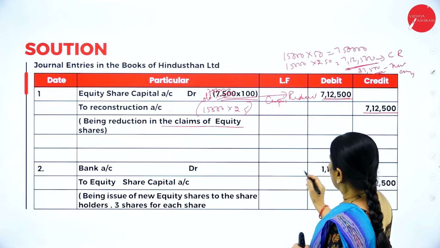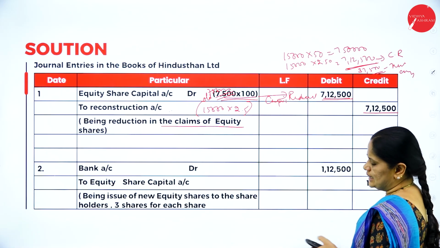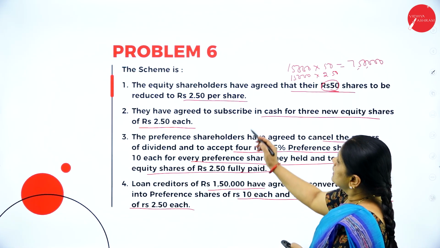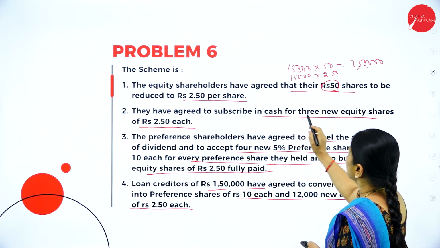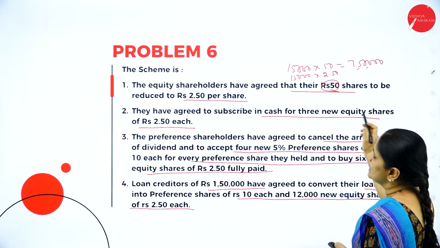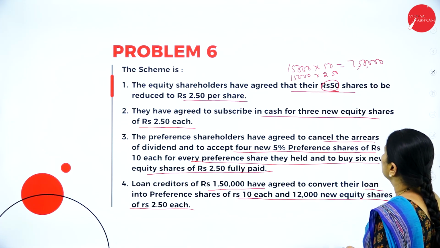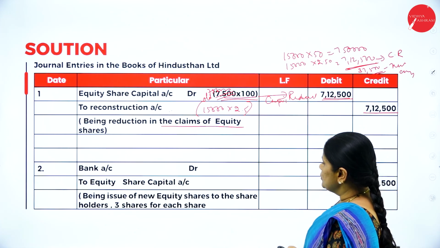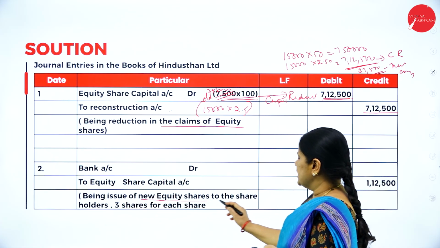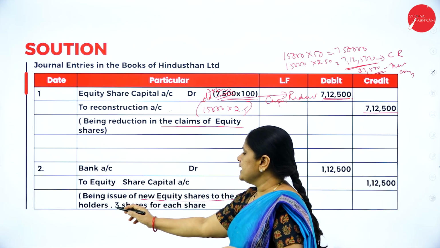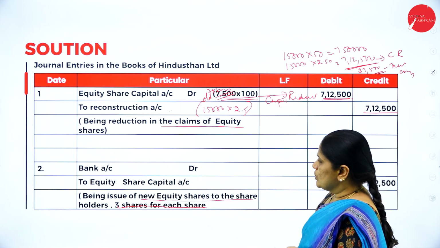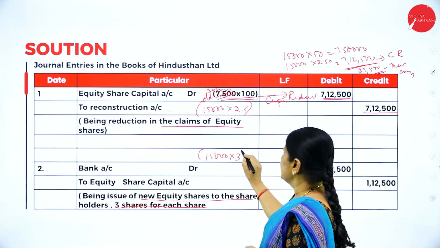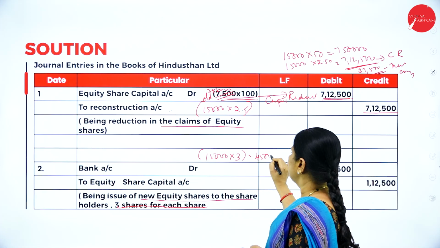Then bank account debit 1,12,500. If you can see here, in the scheme of reconstruction, they have agreed to subscribe in cash for 3 new equity shares of rupees 2.50 each. So it will be the issue of 3 new equity shares to the shareholders, 3 shares for each share. How many shares are there? 15,000 shares into 3, that will be equal to 45,000.